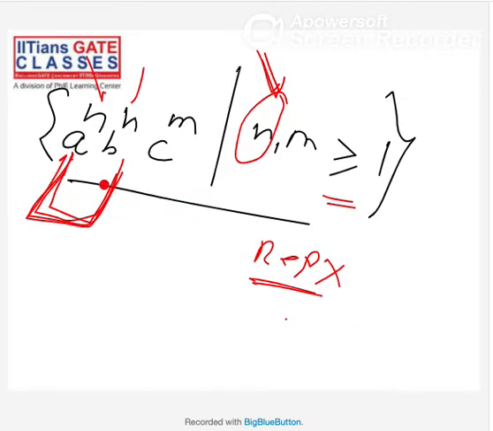Why? Because you will push all the A's. This pushing is very clear because in the beginning A will be there, and you will just keep on pushing all the A's.